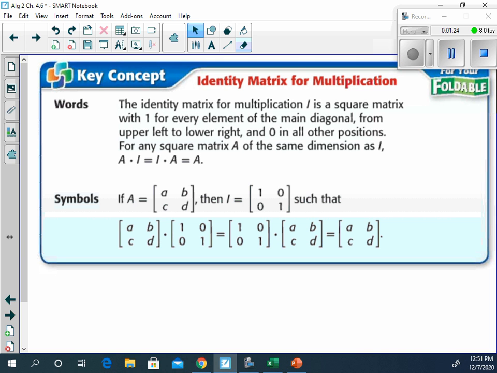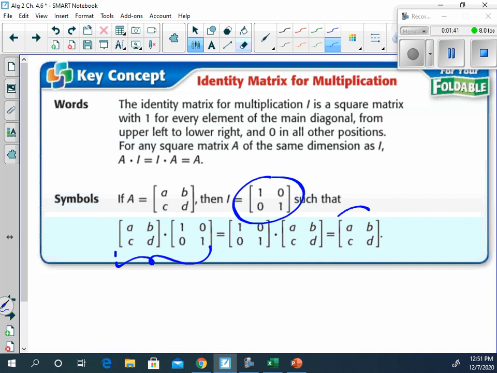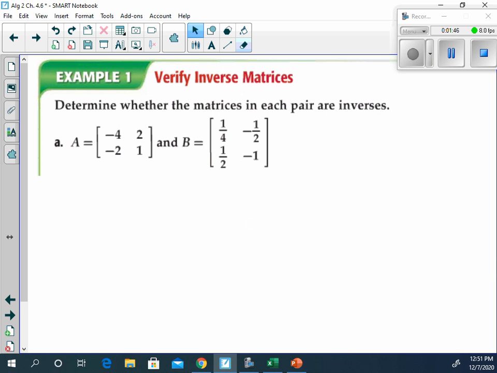Now, for one matrix to be an inverse of another, the product of the two matrices should give us the identity matrix. And it also works out that the identity matrix times anything will give us back what we have. So if two matrices are inverses of each other, when we multiply them together, we will get the identity.